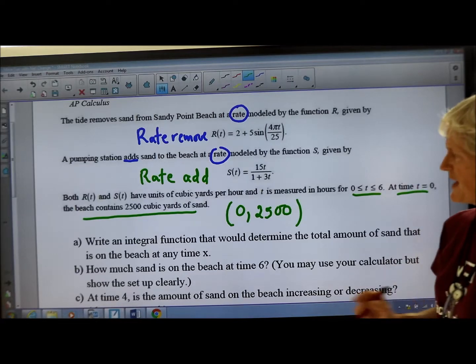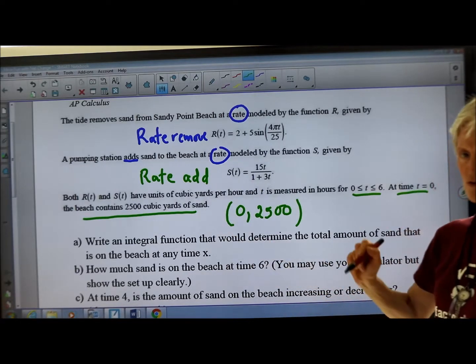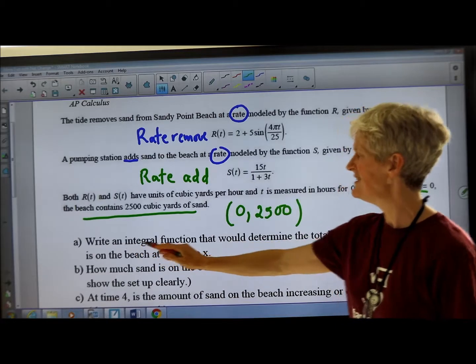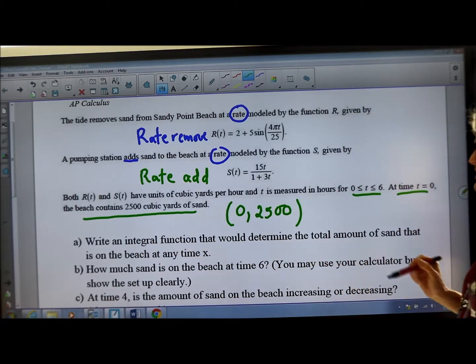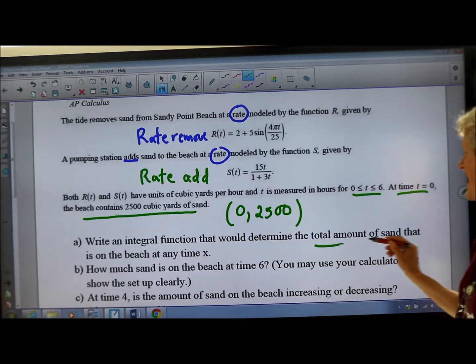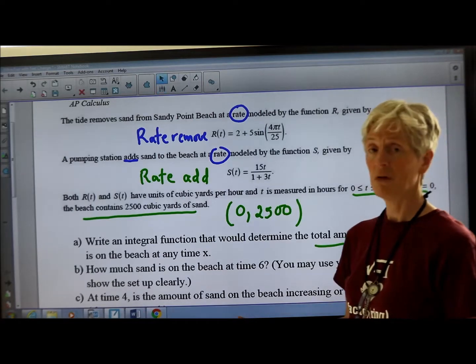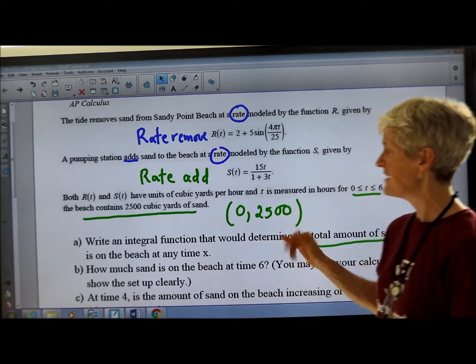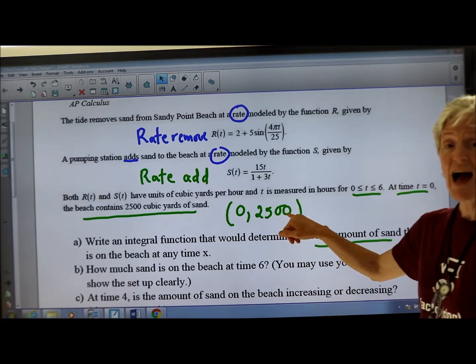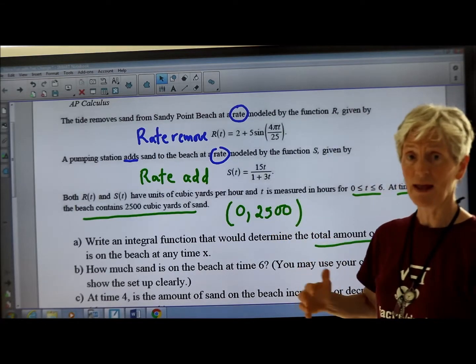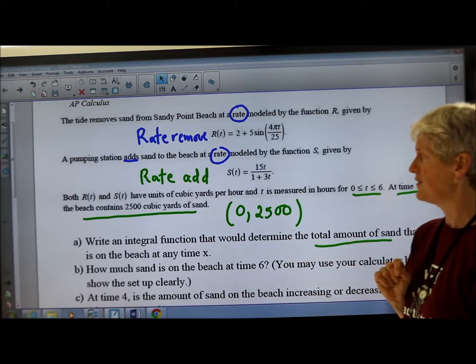All right, so here we have our first mission, should we choose to accept it. Write an integral function that would determine the total amount of sand that is on the beach at any time x. To get the total amount of sand, I have to figure out how much sand I started with at the beginning of the story, which is 2,500 cubic yards.